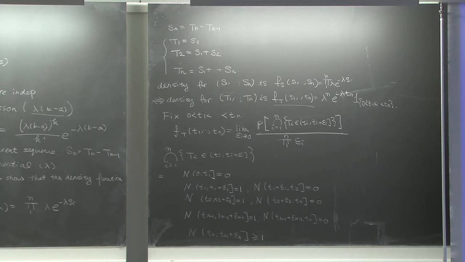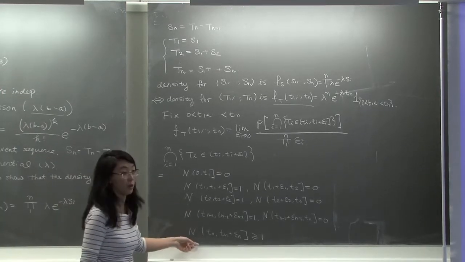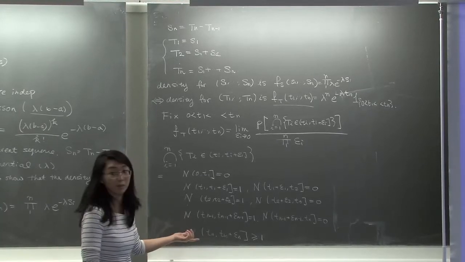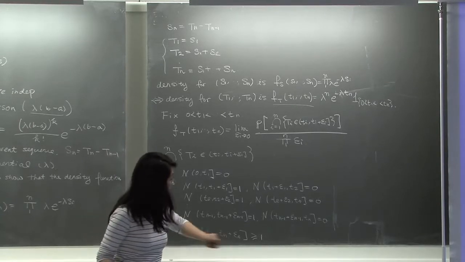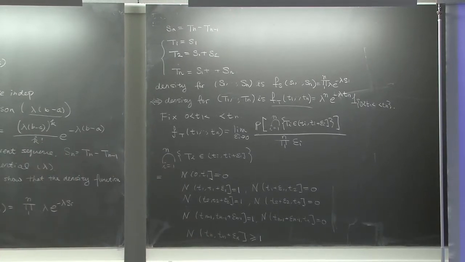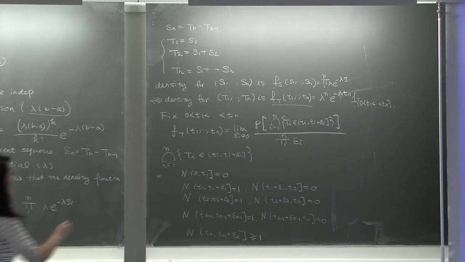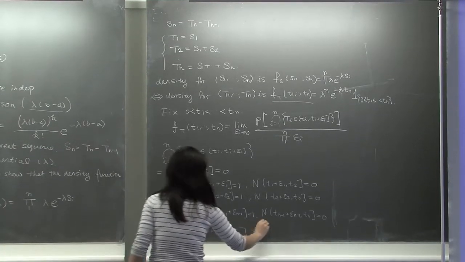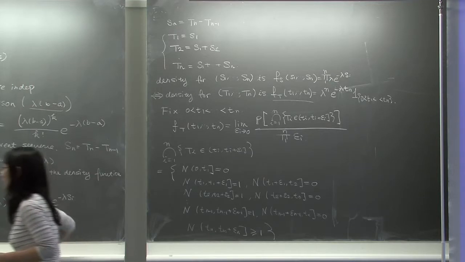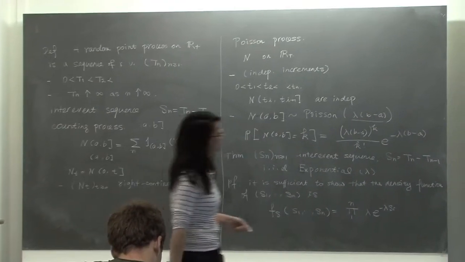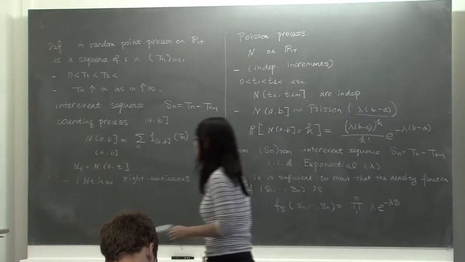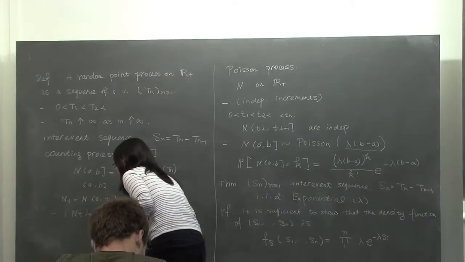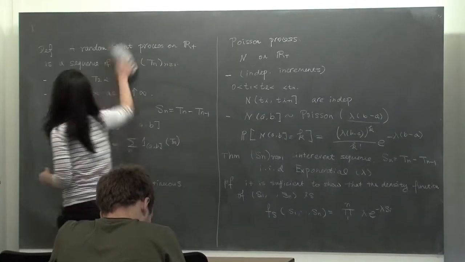There's no restriction that there will be only one, so possibly there are many. This is another interpretation of this event. And now we can use the definition of the Poisson process to calculate this probability.